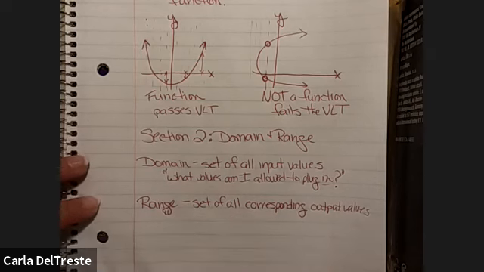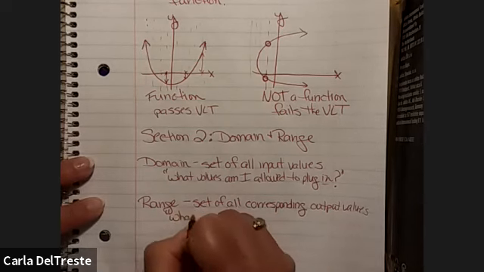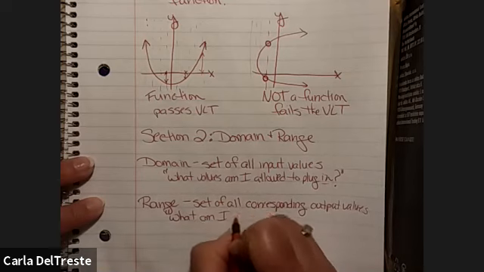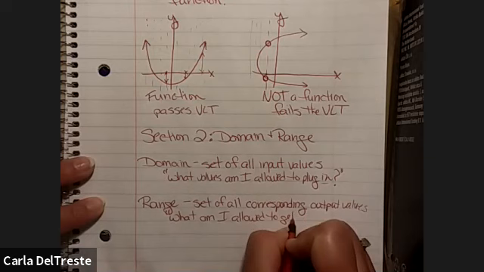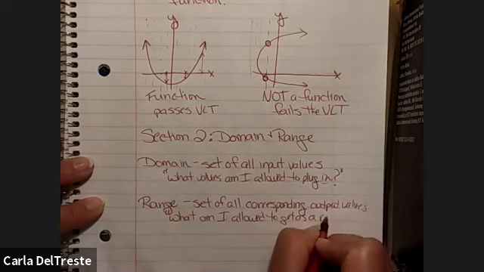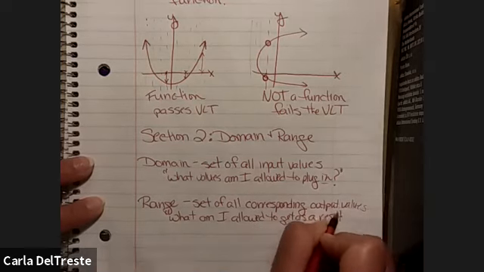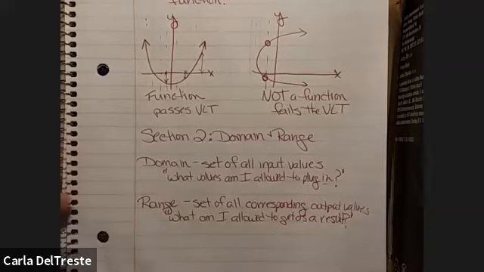So the question that you should ask yourself is, what am I allowed to get as a result? And these are hand in hand because we know that to define our range, we need to know our domain. So they do go together because they're tied to input and output.